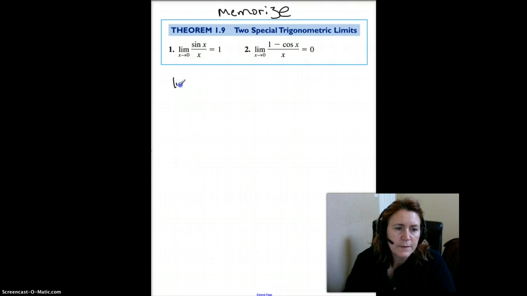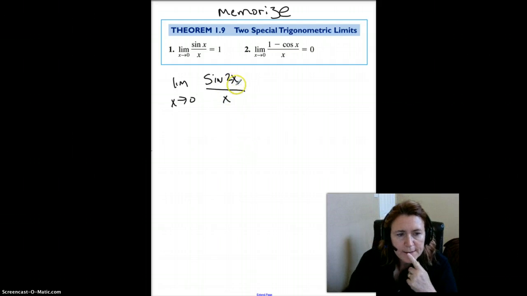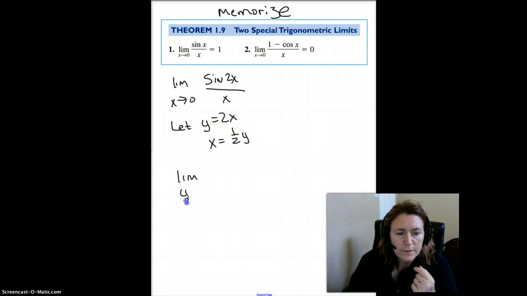But suppose I had the limit as x goes to 0 of sine of 2x over x. What is that? Well, let y equal 2x. And that would mean x is 1/2 y. This is just a trick. So the limit as x goes to 0 is the same as the limit as y goes to 0.